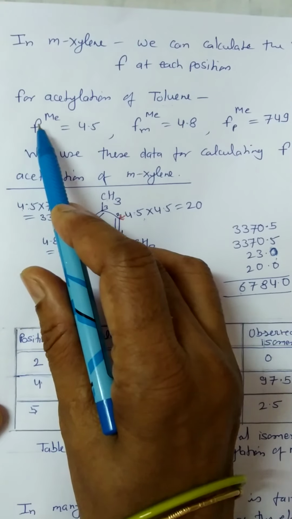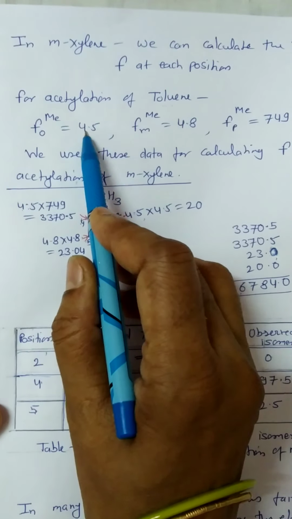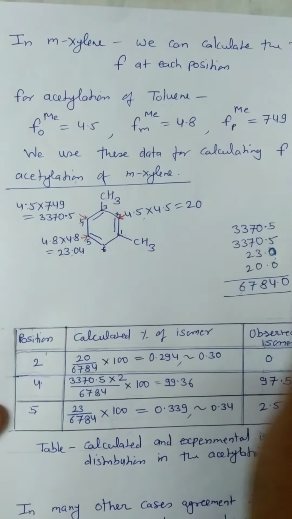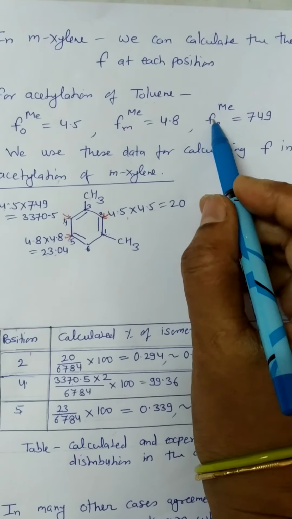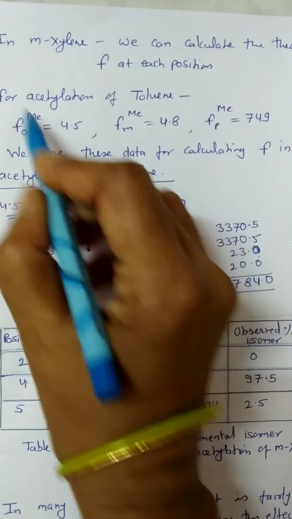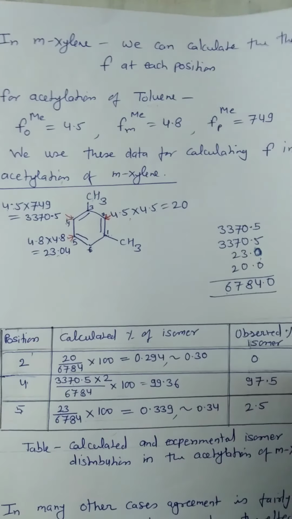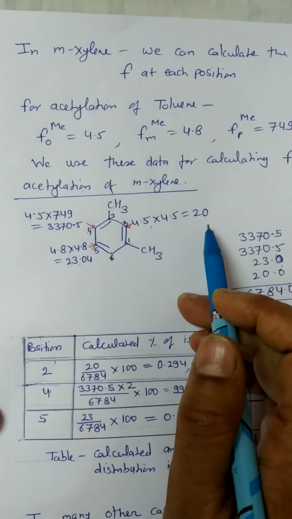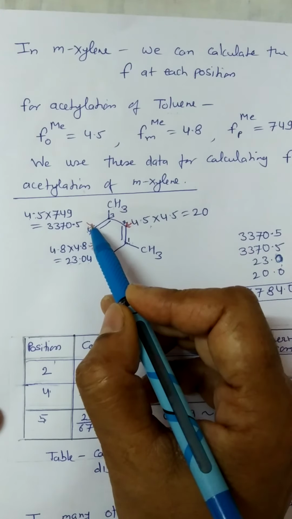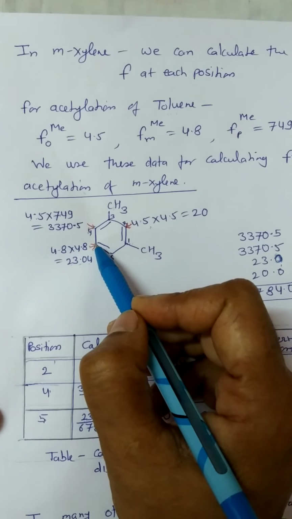The partial rate factor for ortho position is 4.5. The partial rate factor for meta position is 4.8, and the partial rate factor for para position is 749. From these data, we can calculate the partial rate factor in metaxylene at position 2, at position 4, and at position 5.